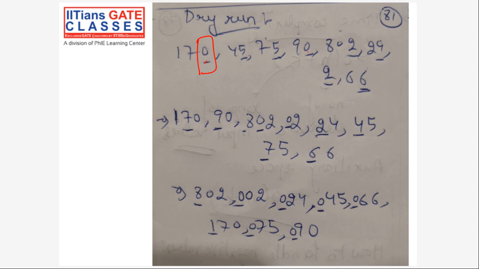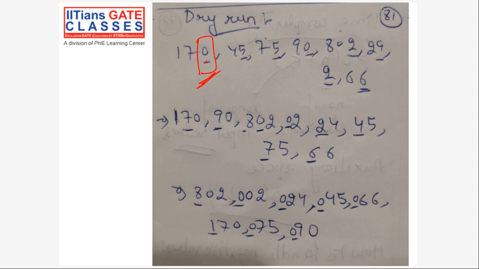This step is clear, what I did with the LSB, the least significant bit? Okay, so this was the sorting based on the least significant bit.